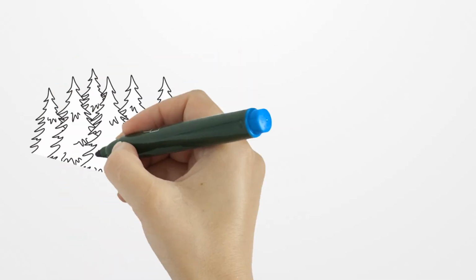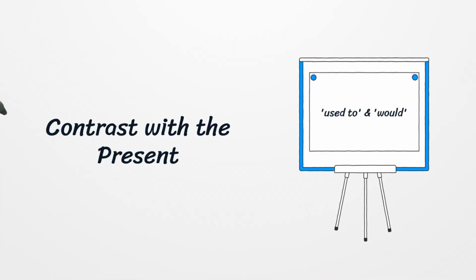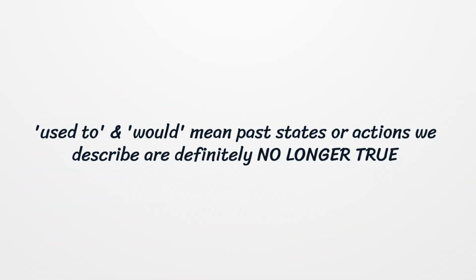However, used to and would patterns more comprehensively emphasize repetitive and habitual nature of the actions or states in the past, as well as put a stronger contrast with the present. When we use used to or would patterns in this way, it means that past states or actions we describe are definitely no longer true.